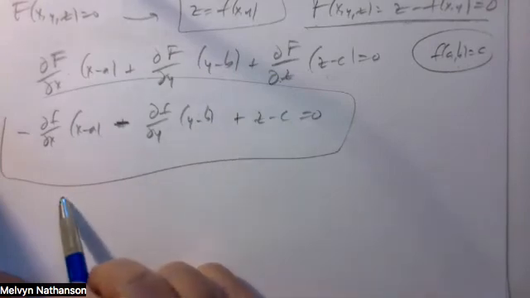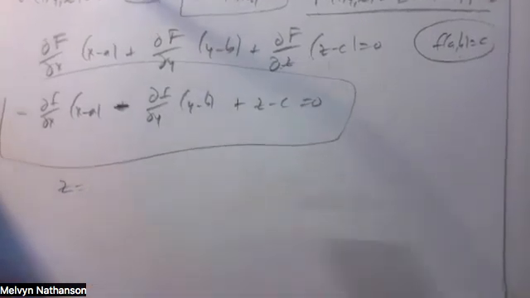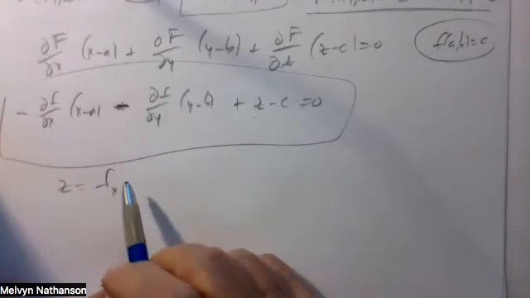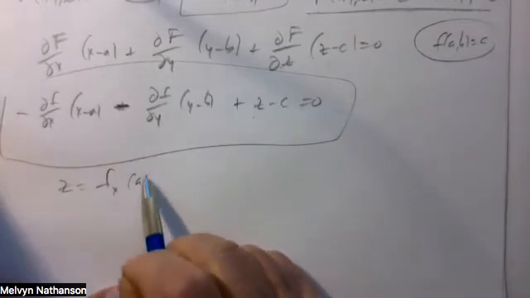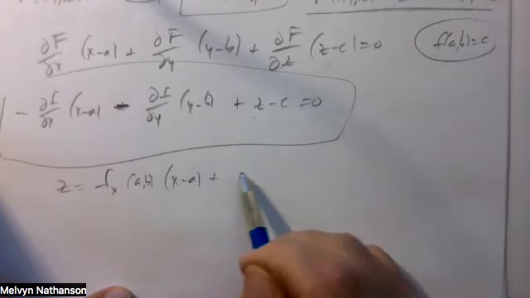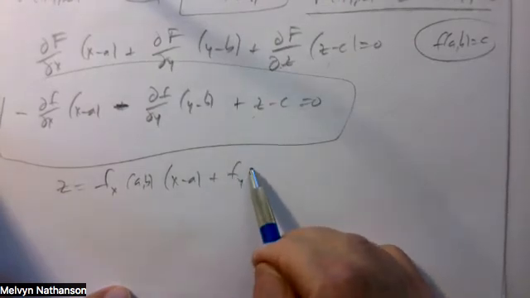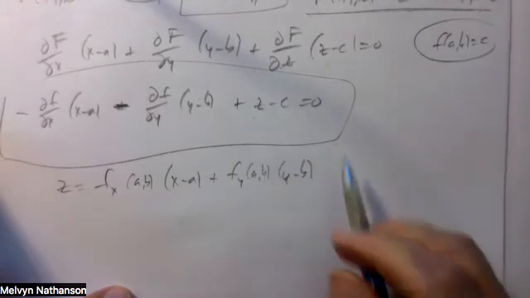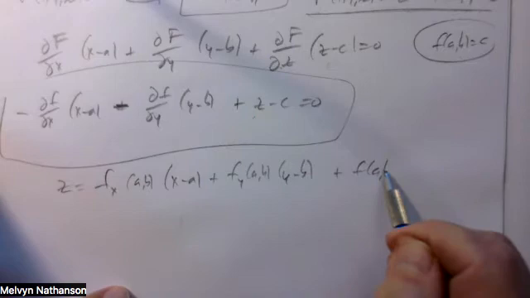So I can rewrite this as z equals, putting this on the other side, partial of f with respect to x at (a, b) times (x minus a), plus partial of f with respect to y at (a, b) times (y minus b), plus f at (a, b).